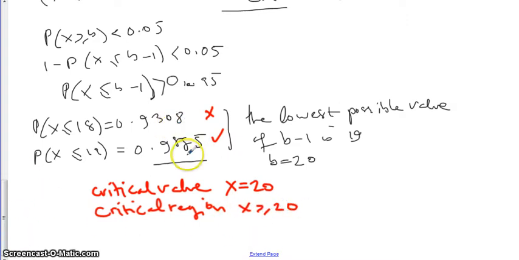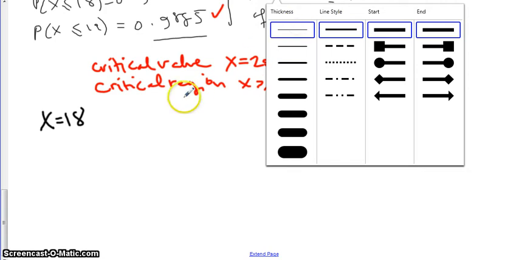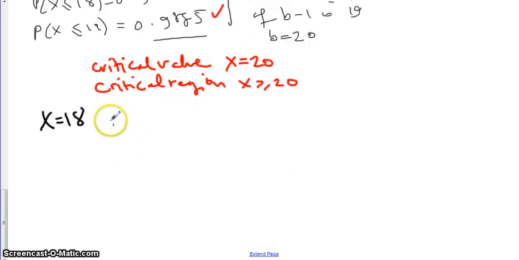Now, we've been given there's been 18 deliveries. So for x equals 18, obviously that doesn't lie in either critical region.